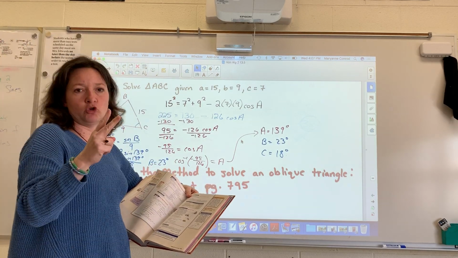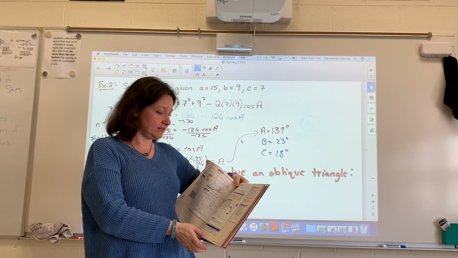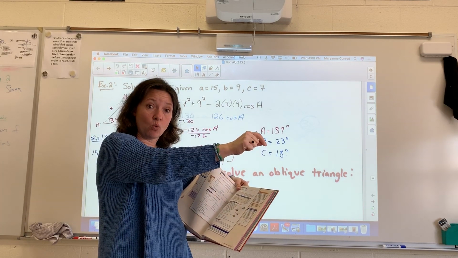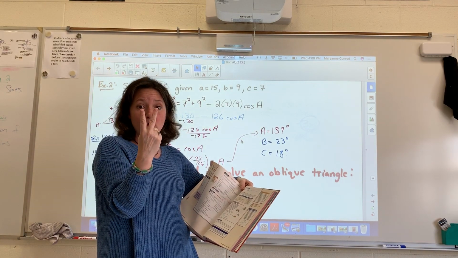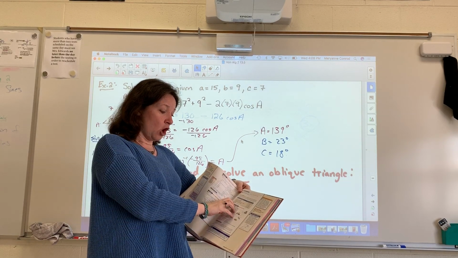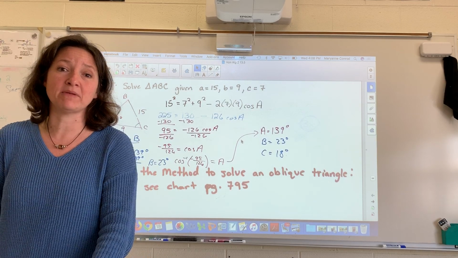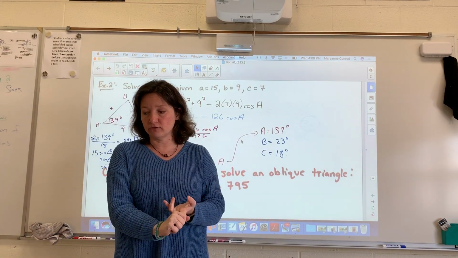So if I'm given two angles and any of the three sides, doesn't matter which one, I can use law of sines. If I have two sides and an angle opposite one side, so I'm given two sides and I have an angle across from one of those sides, I can use law of sines. Law of cosines I use when I know two sides and an angle between them, like the first example we did in this lesson. And I can use law of cosines when I know three sides.